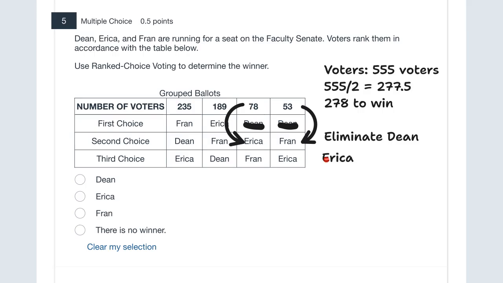Erica has 189 plus 78, which is 267. That's not enough yet, right? You've got to get to 278. What does Fran have? Fran has 235 plus 53, which is 288. So Fran is going to be our winner with more than 278. So Fran wins.